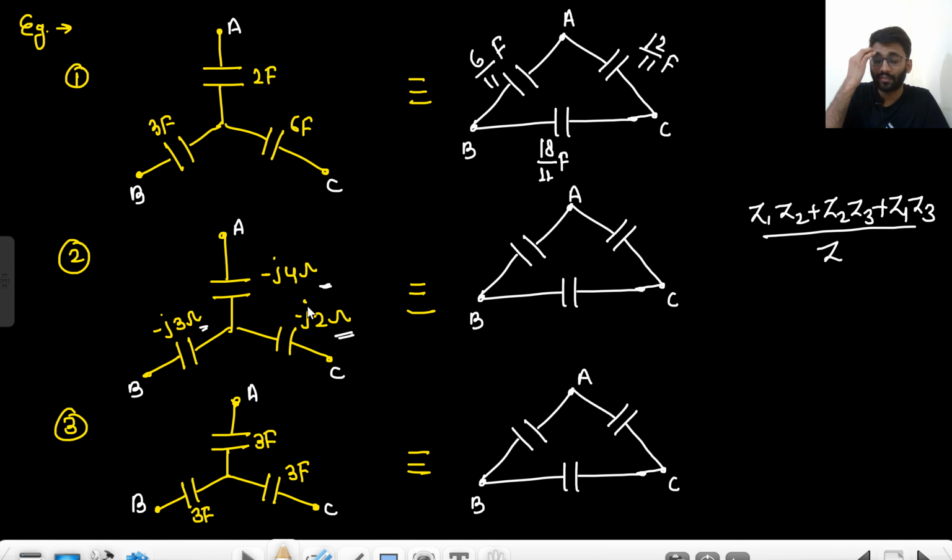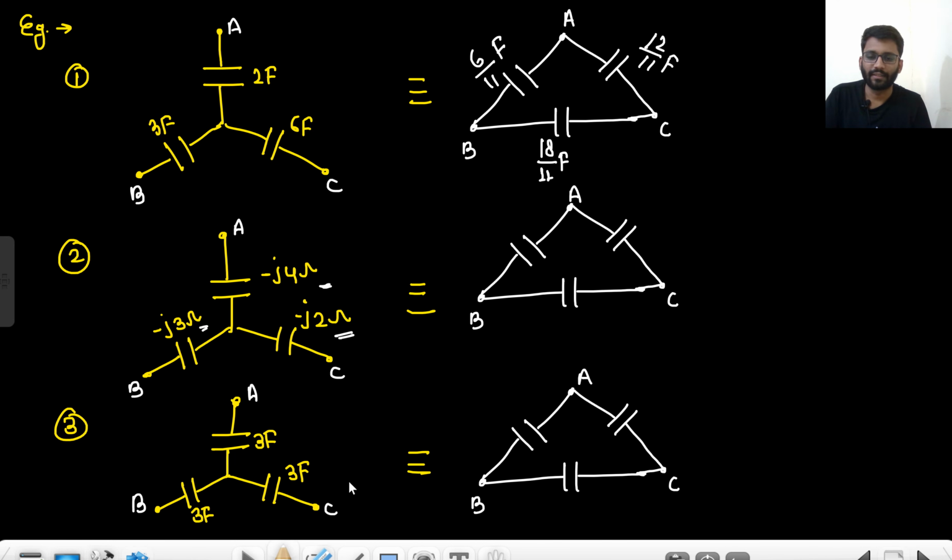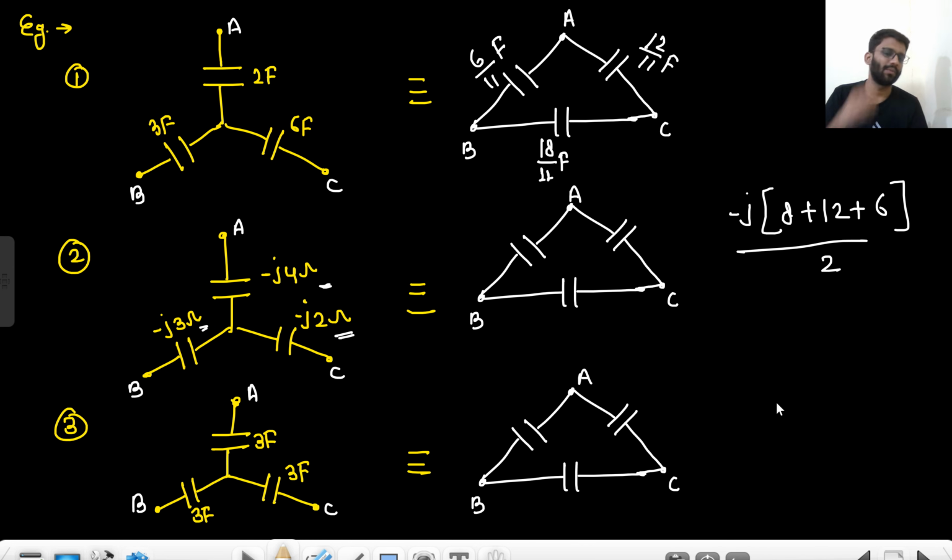So if we write down for this one, how will we write down? Let's assume we are writing for this. So what will we do? 8j, the minus j will come out, minus j square will come out. So basically minus j will be here. Then 8 plus 12 plus 6 divided by, for between AB if we are writing, divided by 2, right?